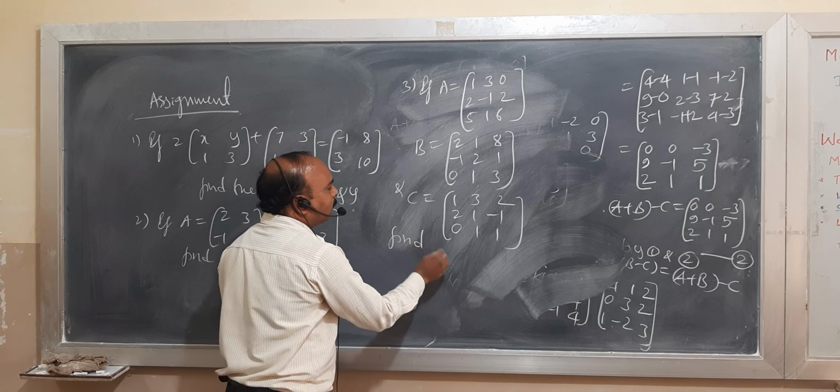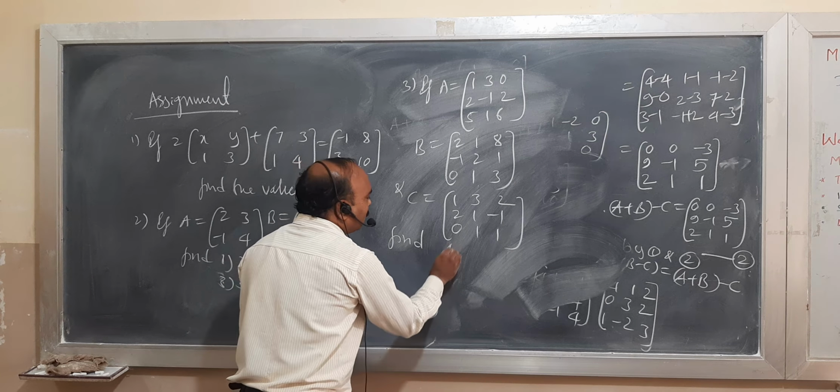Find the values of A plus B and B minus C, and prove that A plus B minus C equal to A plus B minus C. It is similar to the last question. All of you try this one.